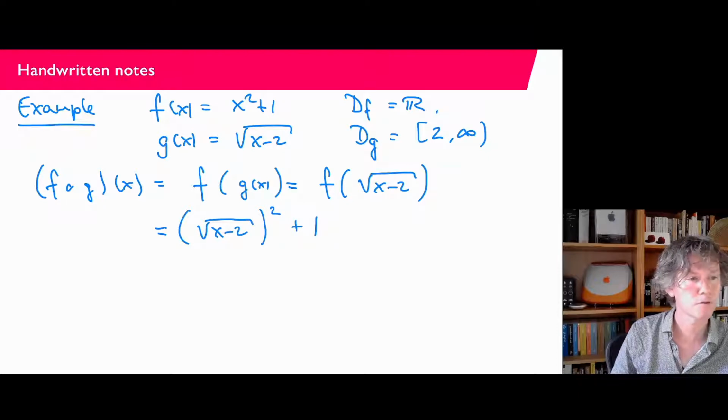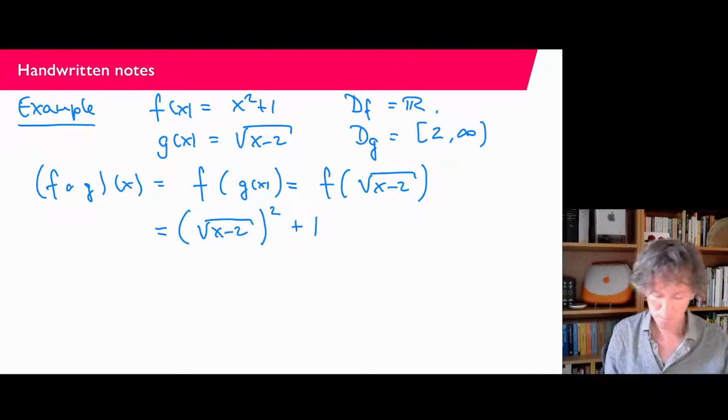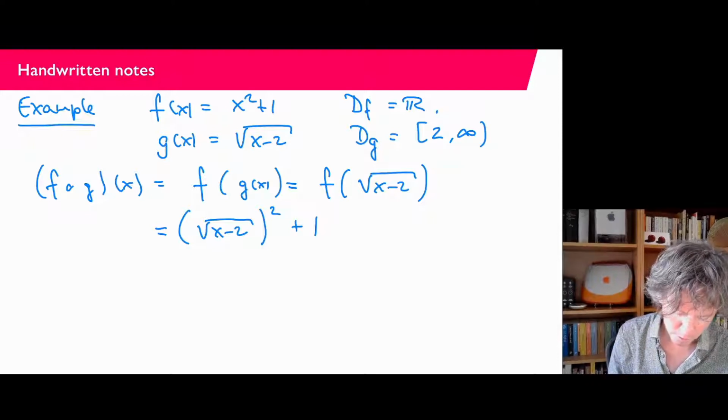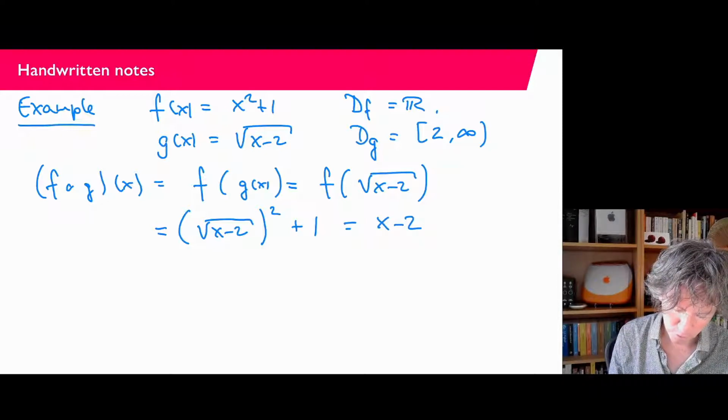That's what f does. And now you see that we get the square of a square root. So what we get here is that we find x minus 2, because x is bigger or equal to 2, so I don't have to write the absolute value signs here, plus 1, which is x minus 1.